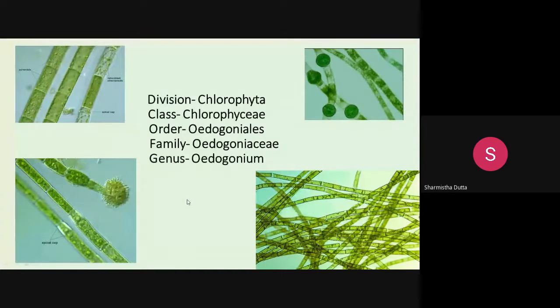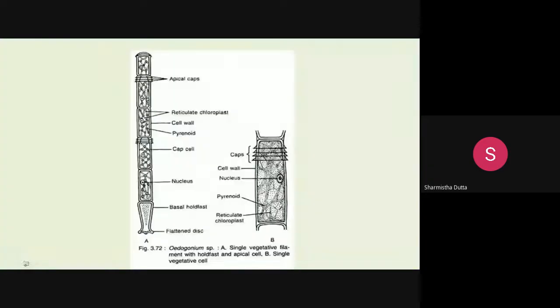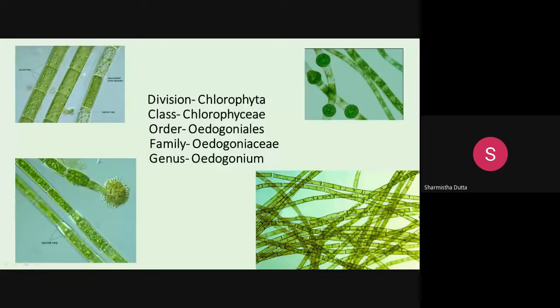The cells are rectangular, elongated, cylindrical in shape, except for the lower cell. So what you can see here is the lower cell.